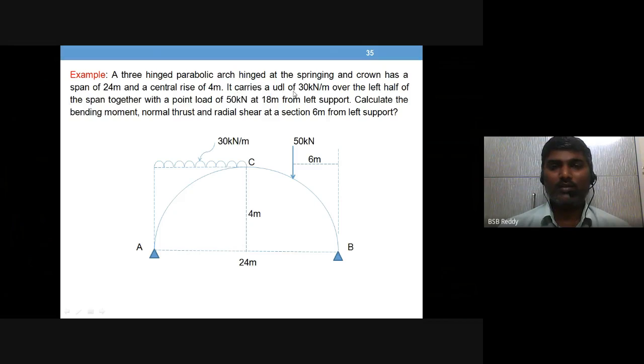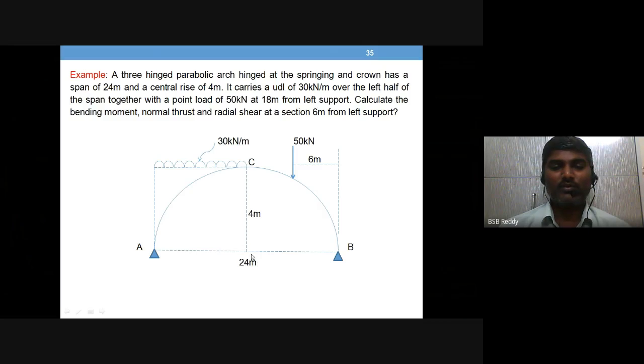It carries a UDL of 30 kilonewton per meter over the left half of the span. So left half of the span from the crown to the left, you have a UDL 30 kilonewton per meter with a point load of 50 kilonewton at 18 meters from left support.